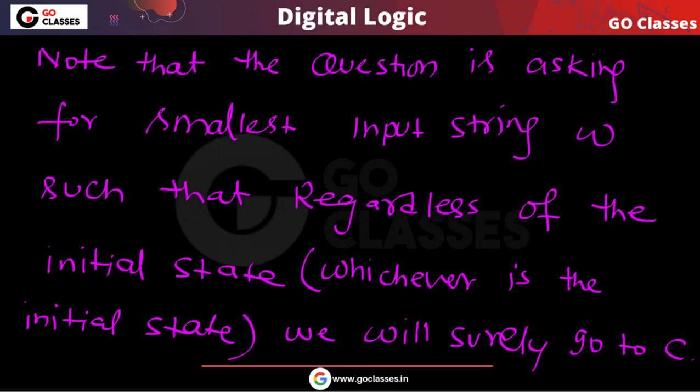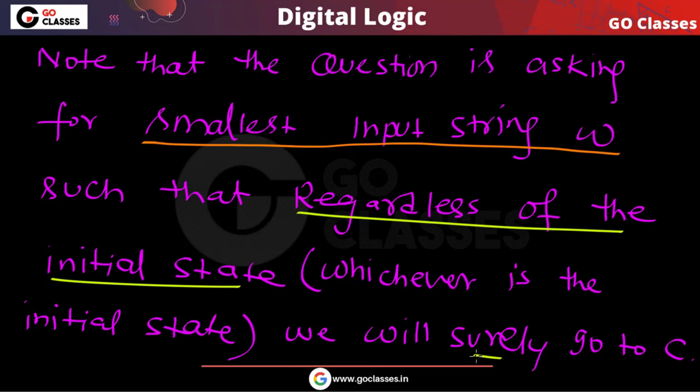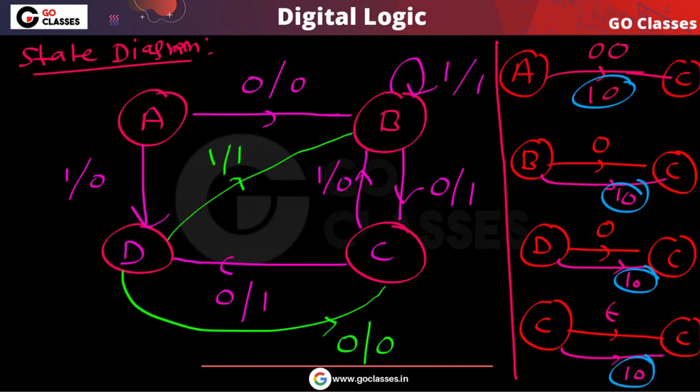Remember, this question is asking for the smallest input string W such that, regardless of the initial state, whatever it is, we will surely go to state C. So we want to find this type of smallest input string such that, whatever your initial state is, we will definitely go to state C. That's why the answer will be 1 0, because this string 1 0 will definitely take you to state C, and it does not matter what your initial state is.